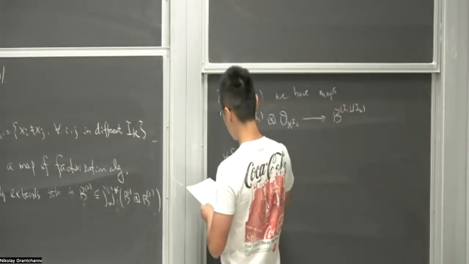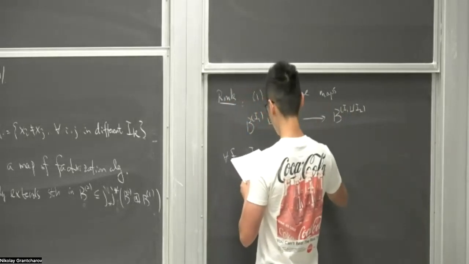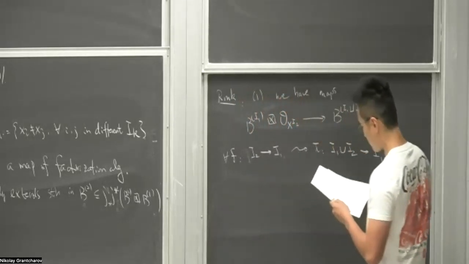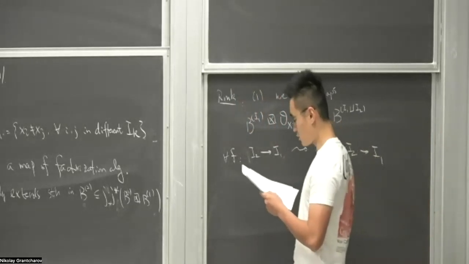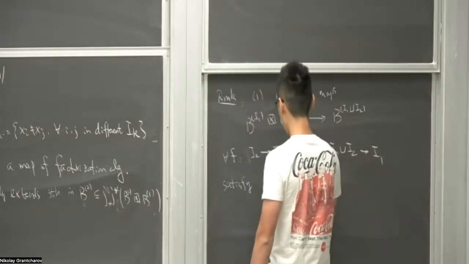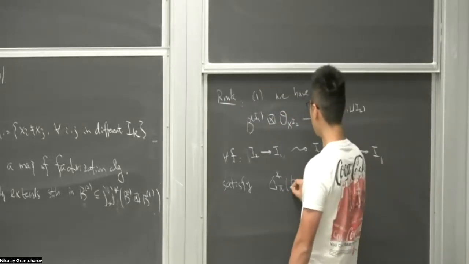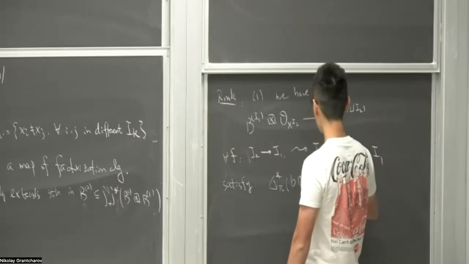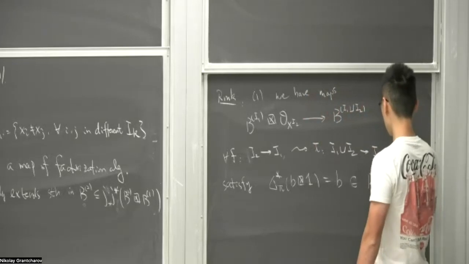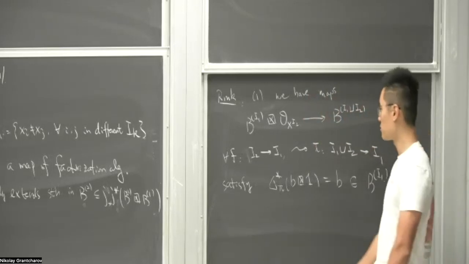Then for any f from I to I_1, take the unit of I_1, by setting the map on I_1 to be the identity and on I_2 to be f. It satisfies the property that the diagonal corresponding to this pi, pulled back diagonal to B box 1. Okay, so this is also true and just follows.